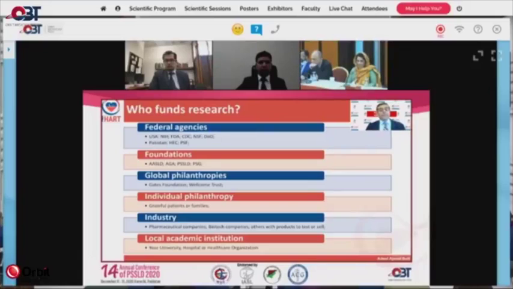For example, in the United States, the largest funding agency for biomedical and clinical research is the National Institutes of Health. And NIH actually is the largest funder of clinical and biomedical research in the world.